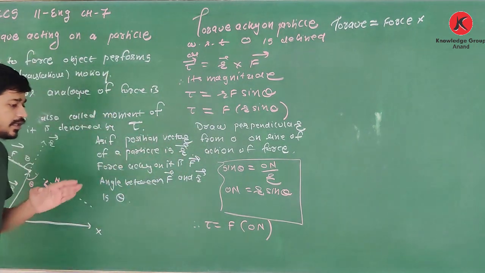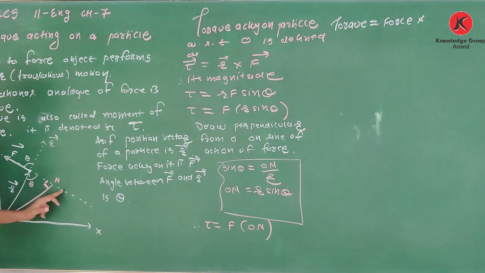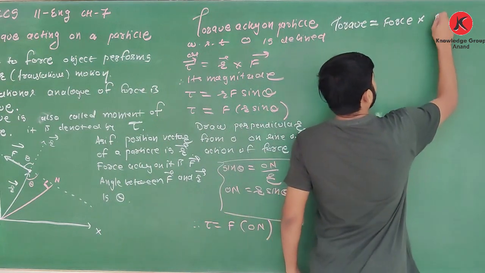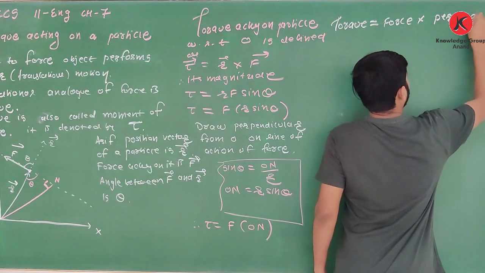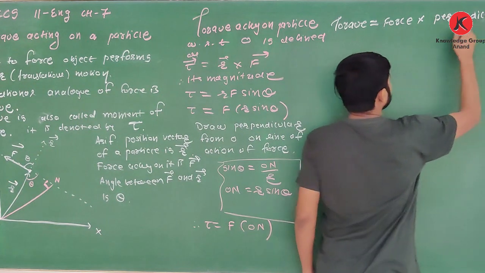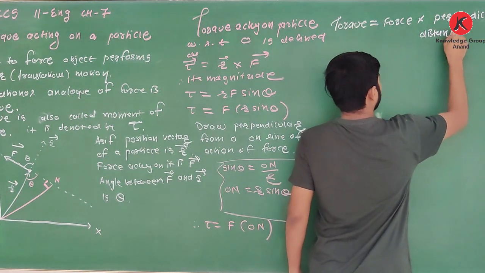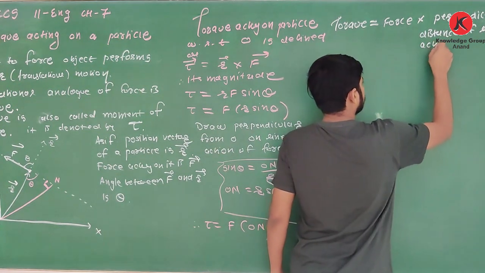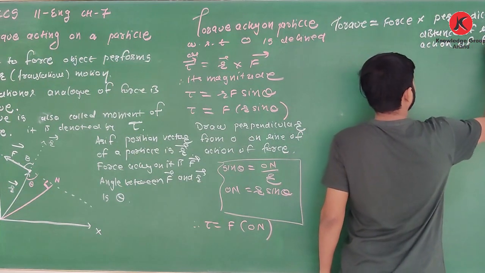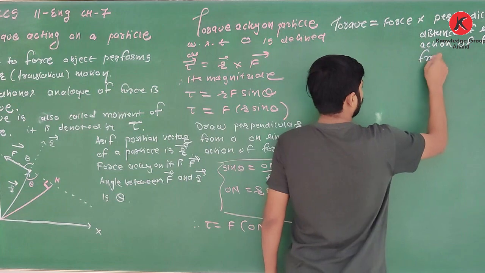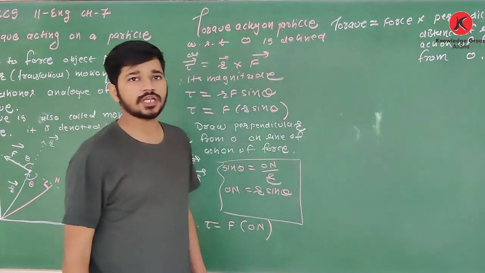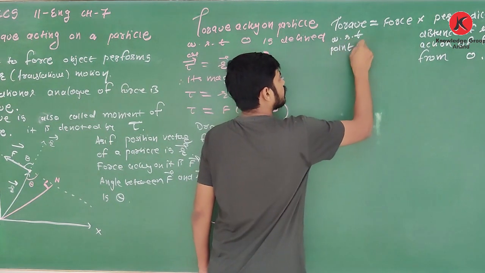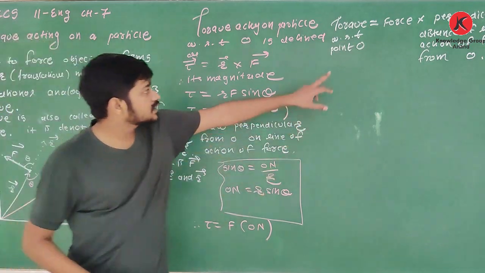This ON is called the perpendicular distance of the line of action of force from O, that is, the center. Clear? This torque is with respect to point O. So this is the definition of torque.